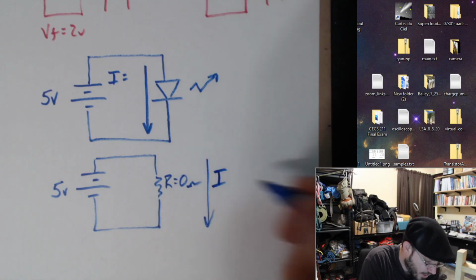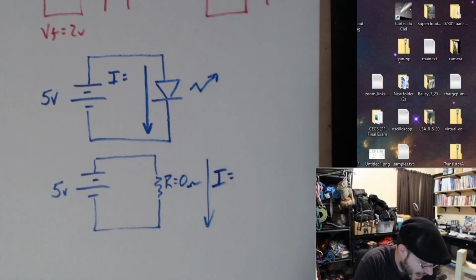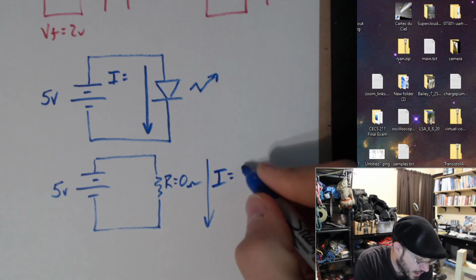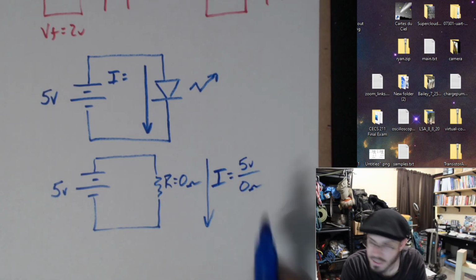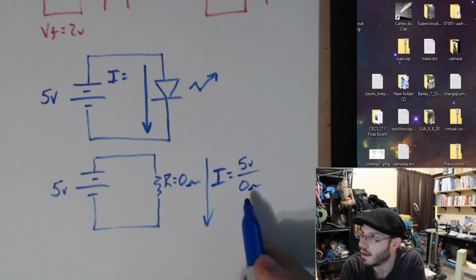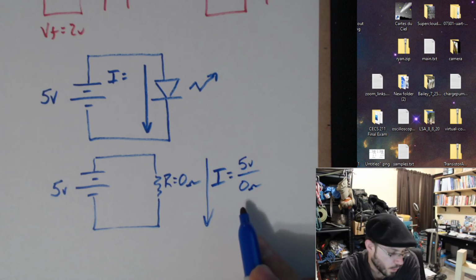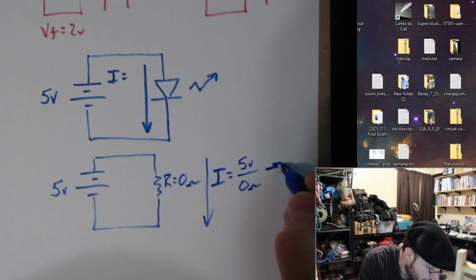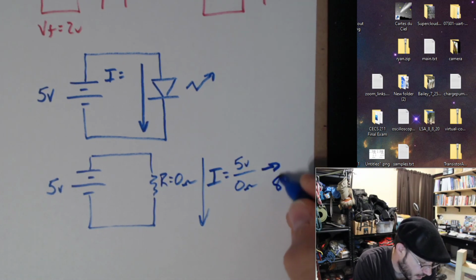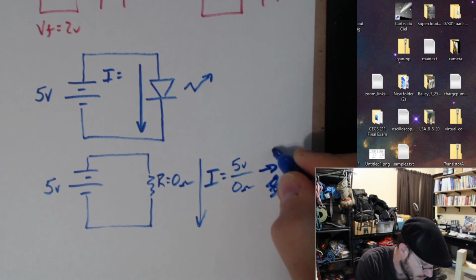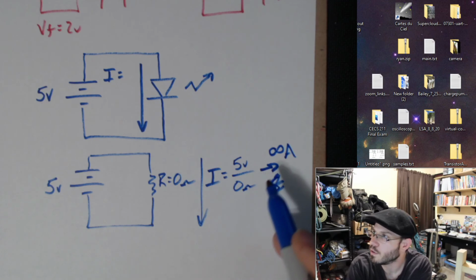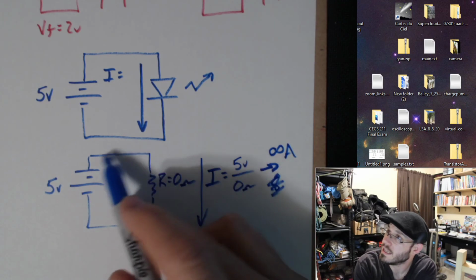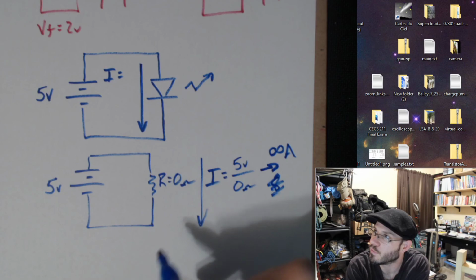And so you calculate I the same as you would any other circuit using Ohm's law, and you get 5 volts divided by 0. Now, obviously, this is undefined, and your calculator would not like you to punch it in, nor would any other mathematician, but this does head off to infinite amps, right? Obviously, these wires have some real amount of resistance.